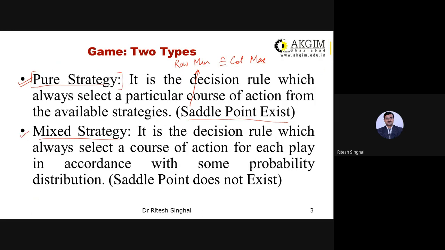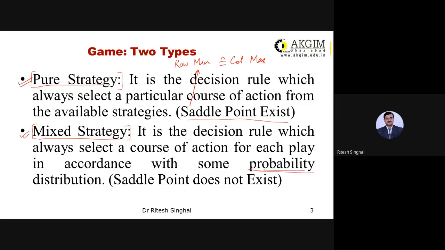But in case of a mixed strategy game, it is advised to the player that they should use not a single strategy but use the strategies in a mixed format, like sometimes use strategy 1, sometimes use strategy 2, with some probability also. In a mixed strategy game, the decision rule always selects a course of action for each of the players in accordance with some probability distribution.